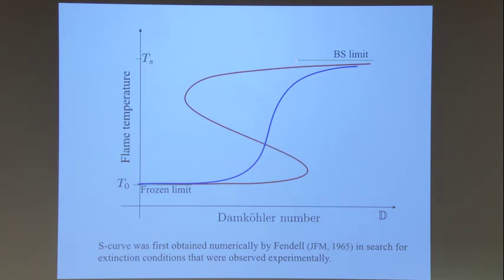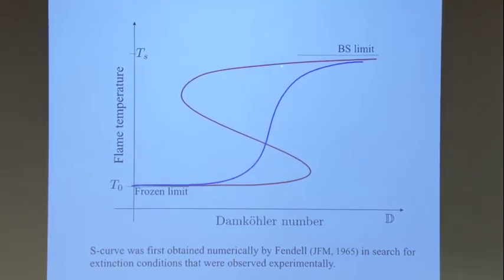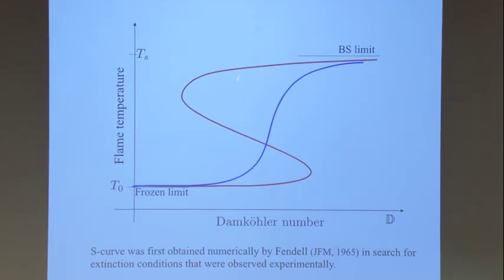There will be some left leaking through. And as you decrease the Damköhler number, temperature will further decrease, with more and more leakage until a point, if you decrease it below that value, you drop to the frozen limit, which is extinction. So you follow this curve up to here, and then you drop to the frozen limit. This part is usually unstable and not physically realistic, and that's where the extinction value is obtained.